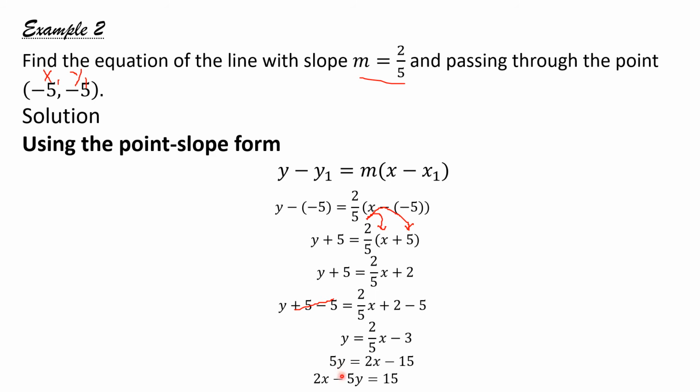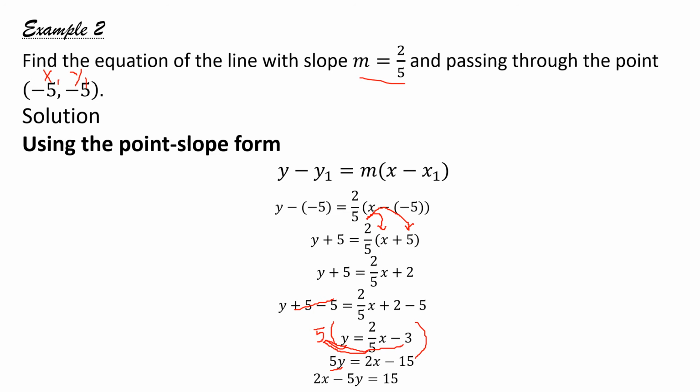So we have now 5y equals 2x minus 15. Since nag-multiply tayo ng 5, baka ma-confuse ka kung paano siya. Okay, so 5 times y, that is 5y. 5 times 2/5 x, that is 2x. And then 5 times negative 3, that is negative 15.